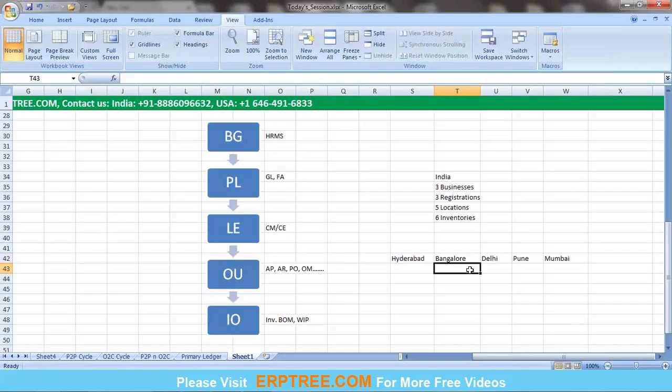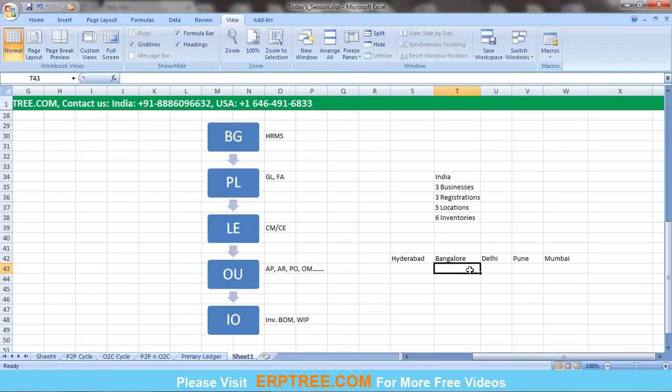We don't want to prepare reports separately. We'll be clubbing the Hyderabad and Bangalore business, spending the expense commonly and finding the revenue commonly. And we don't have any requirement of finding the profitability or expense of Hyderabad and Bangalore separately.